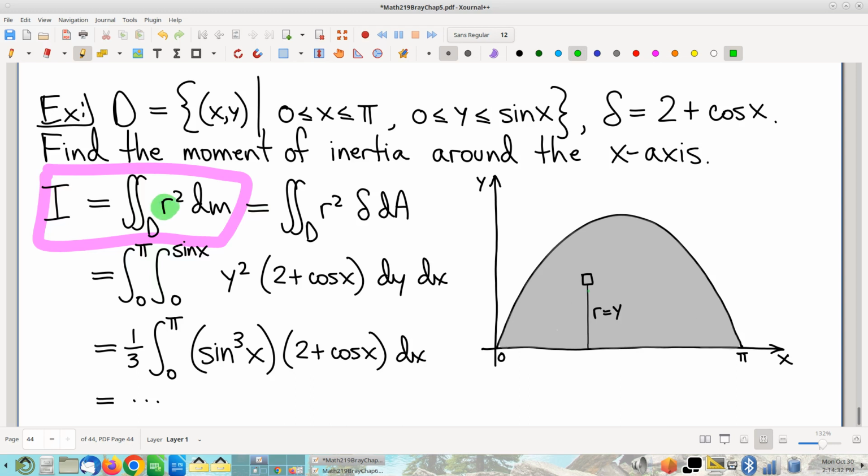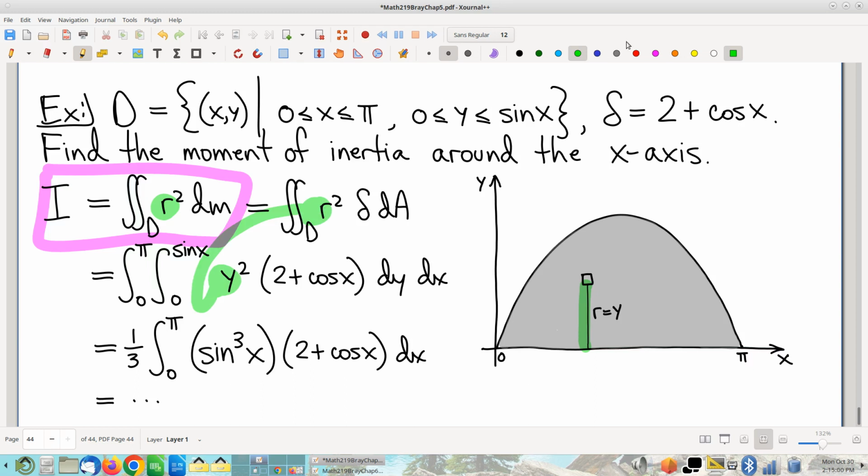Well, here's my picture. It's the distance from an arbitrary point, x comma y, down to the axis that I'm rotating around. This axis is the x-axis. The distance is just this vertical distance, and it's y. Is everybody happy?